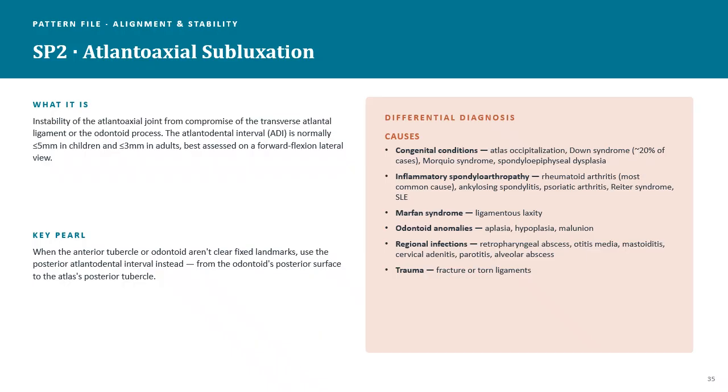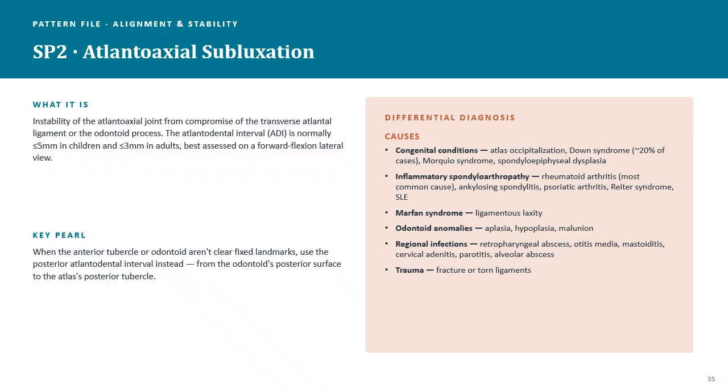When we perform what we call a flexion lateral image, that space should generally be about 3 millimeters or less in adults and about 5 millimeters or less in kids. So if that space becomes too wide, the doctor or a radiologist tends to become worried about joint instability.